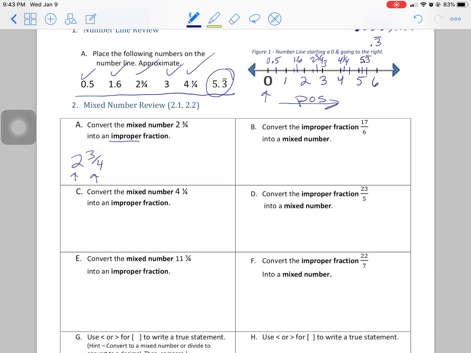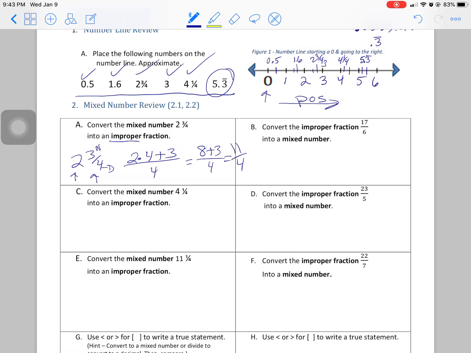So to put them all together into an improper fraction, it's 2 times 4 plus 3. 2 times 4, the whole number part times the denominator, plus the numerator, all over the 4. So keep the denominator on the bottom. And then order of operations, you do 2 times 4 is 8 plus 3 over 4. That gives you 11 over 4.